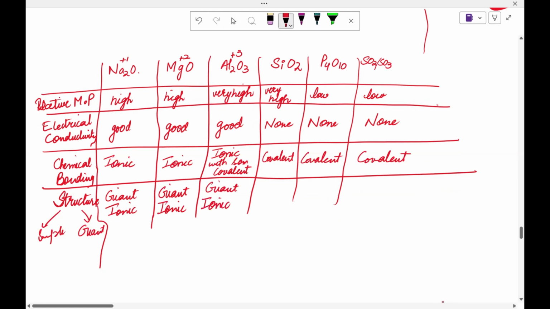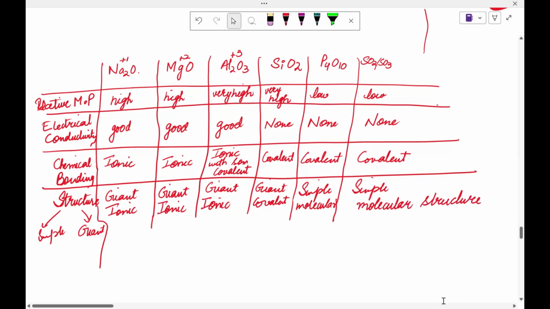But silicon dioxide has a giant covalent structure. Phosphorus oxide has a simple molecular structure, and sulfur dioxide also has a simple molecular structure. Is that clear? We have to memorize this. Have you noted? Can I move further?